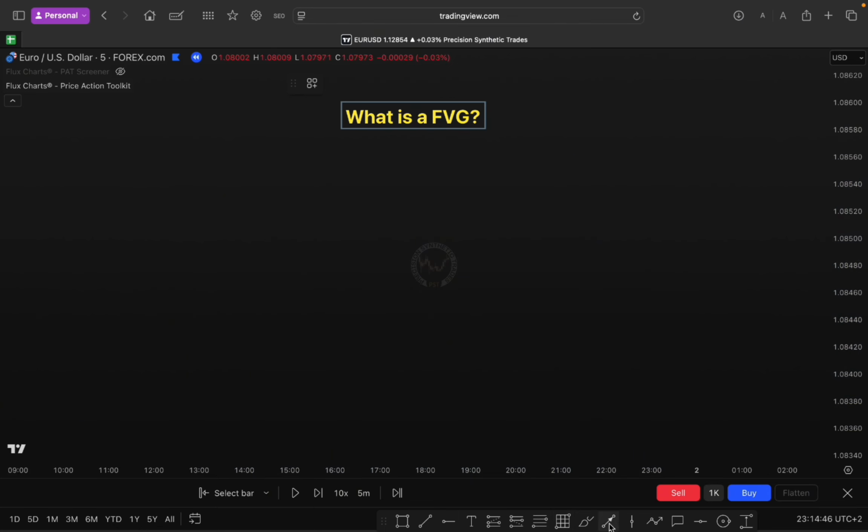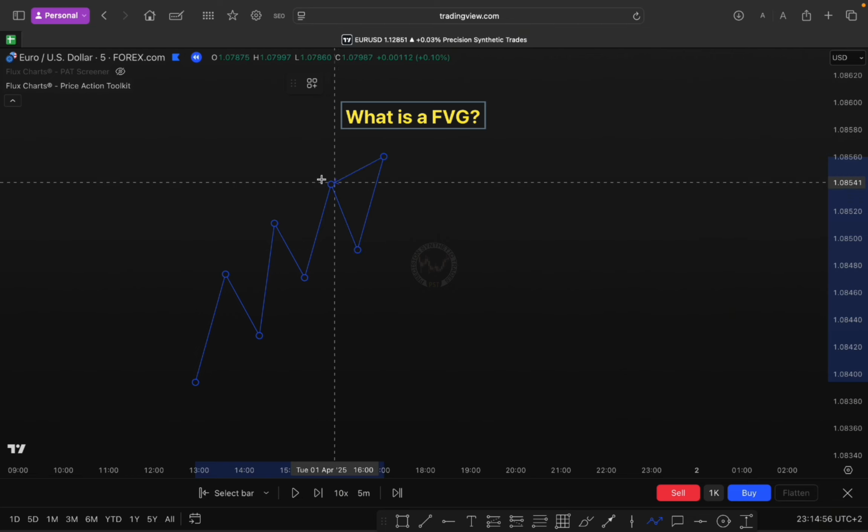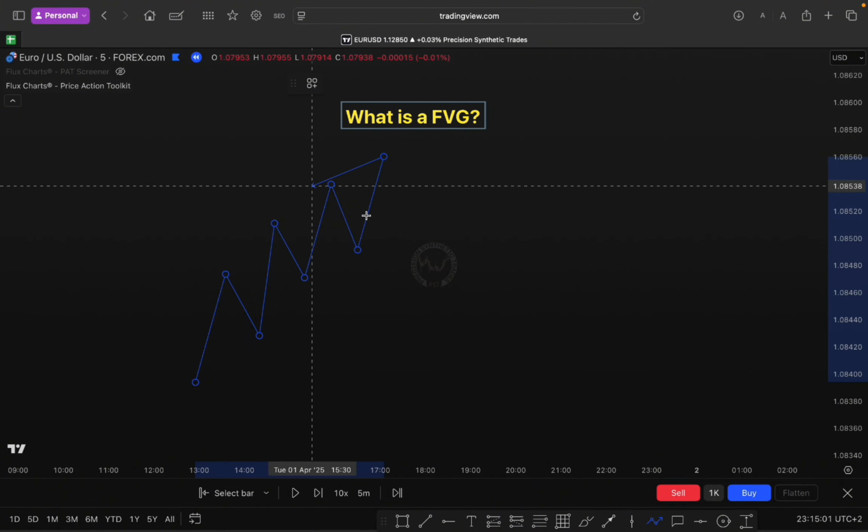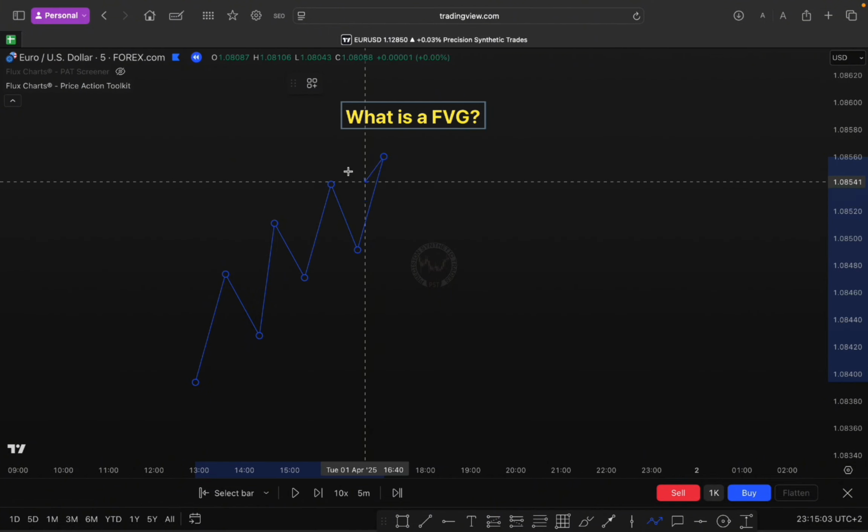So basically what we are going to look for is a liquidity sweep of a previous high or low. This is going to be in a session: Asia, London, or New York.